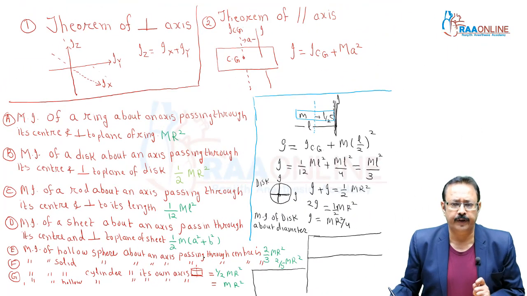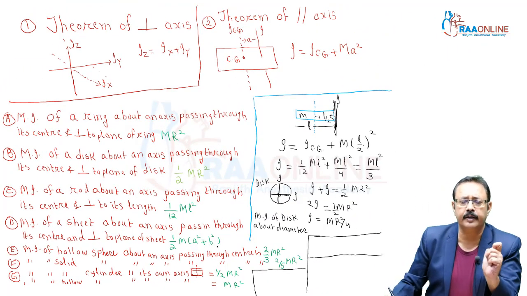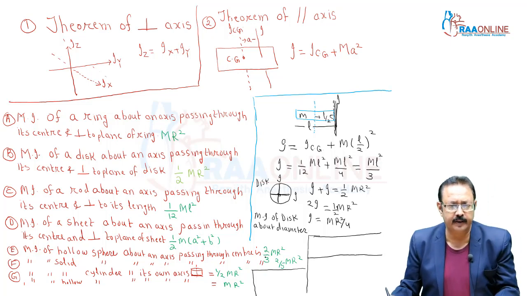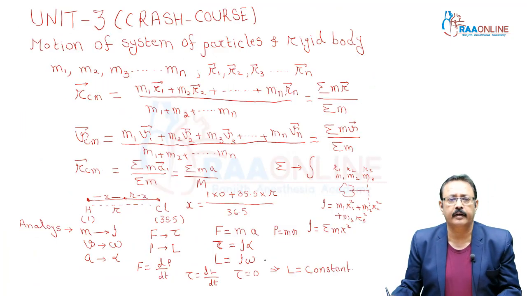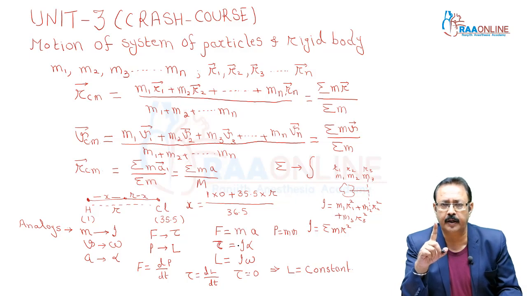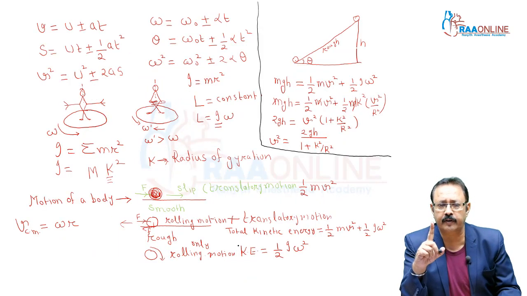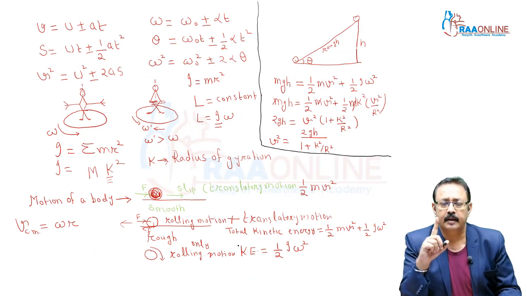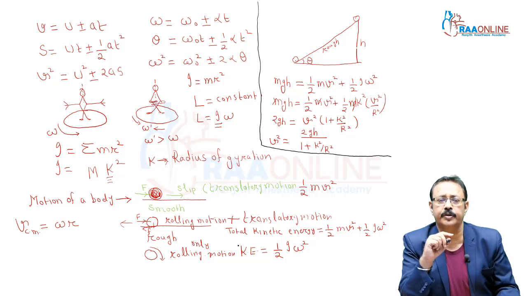So now we have a complete revision of all the points which we need for motion of system of particles and rigid body. Remember the position of center of mass, velocity of center of mass, acceleration of center of mass, analogues of physical quantities in rotational motion and translatory motion.